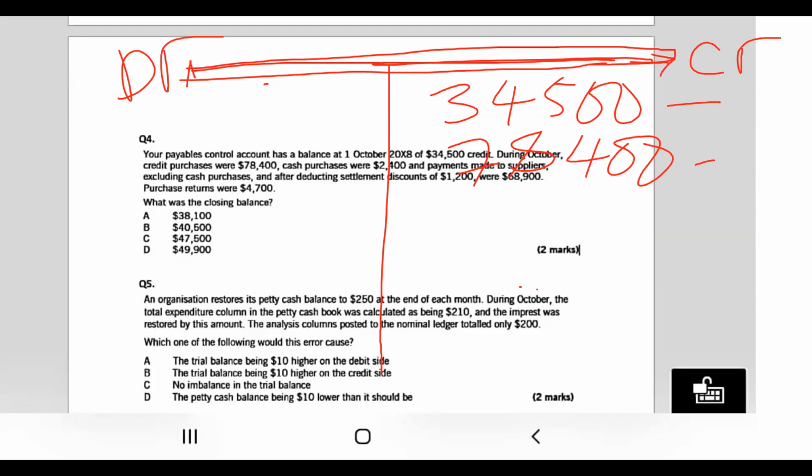I'm asking where do the discounts fall? Do they need to be recorded on the debit side or on the credit side? Debit. The discounts are recorded on the opposite side, on the debit side, which is 1,200.